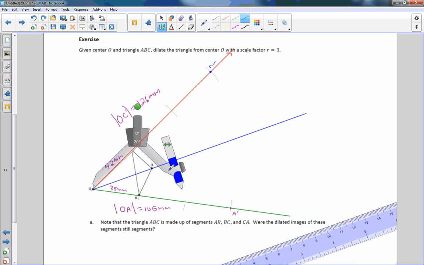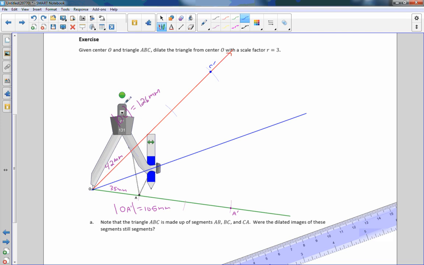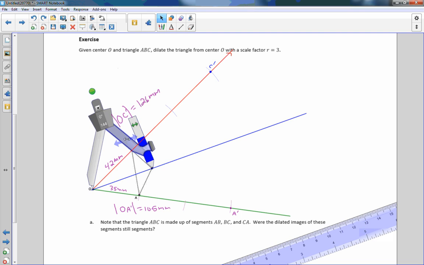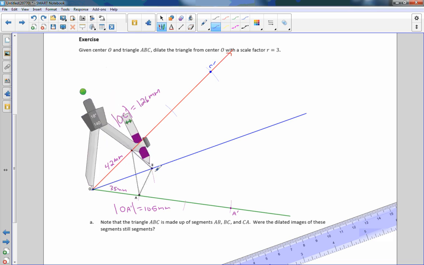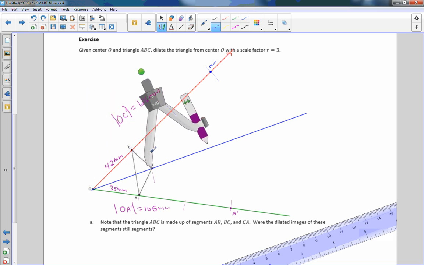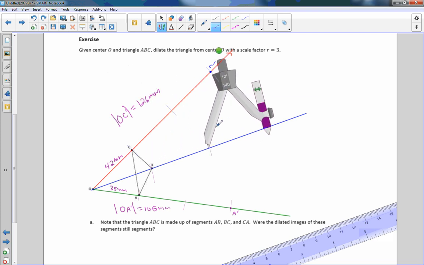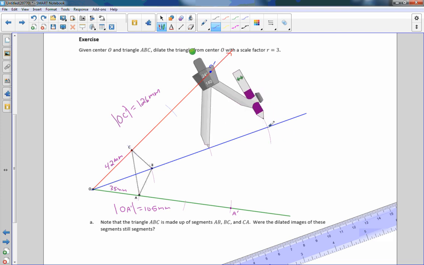I put my compass back at about there, about as close as I can get with this, and I make an arc. So that's OB. Bring this out to here, make an arc. That's OB times 2, and then I do it one more time, and this will be 3 times the length of OB, and I will call this point B prime.